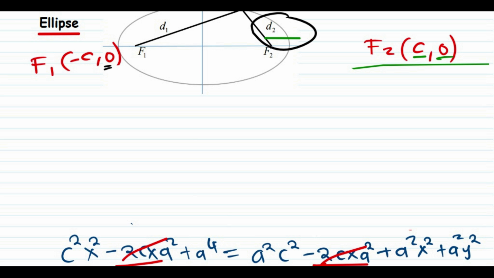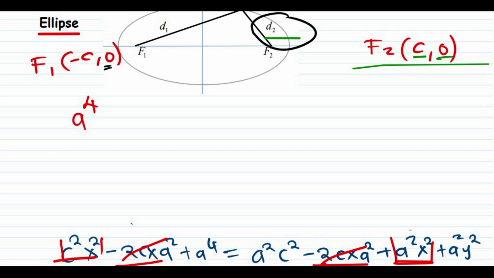Let me pick the ones that are having the c squared and the c squared. In fact, the parts that are having the x squared to be on one side. So let me maintain the a to the power 4 to be on the right, and then which other part is having the a squared? That part, because the idea here is I want to pick the parts that are having the x squared to be on one side, so this part and that part.